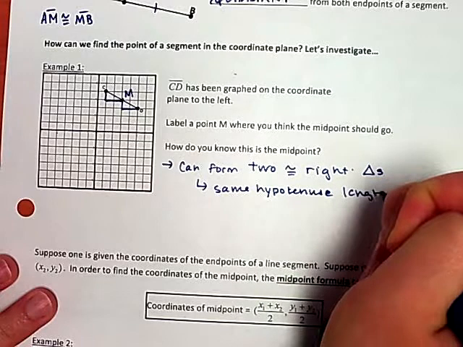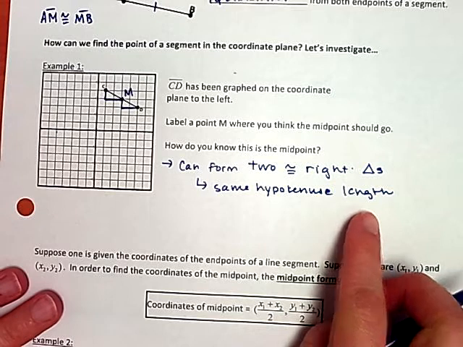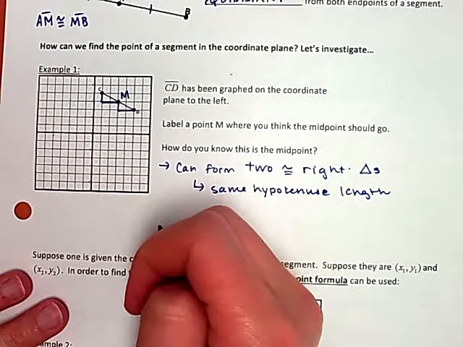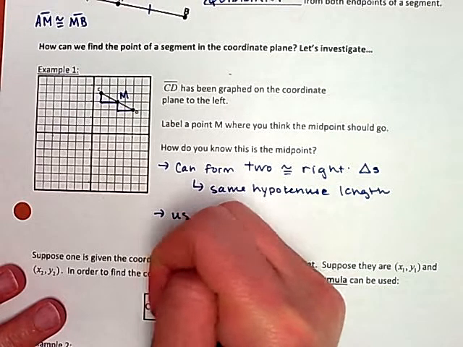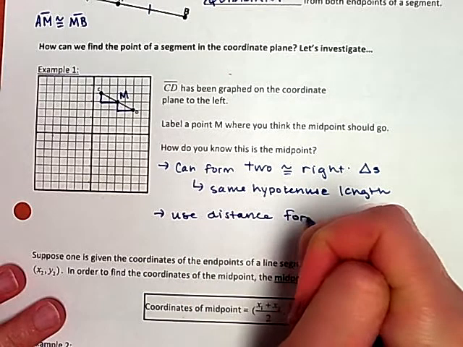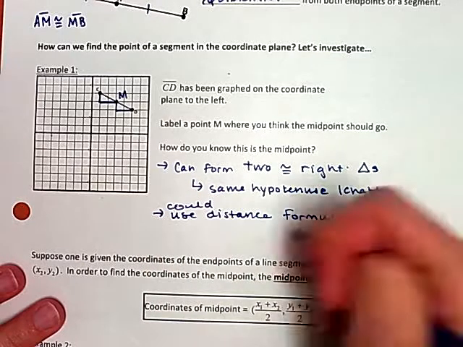Now remember that to find the hypotenuse length you would do the Pythagorean theorem, but that's the same thing as doing the distance formula, right? So you could also check by using the distance formula. We're not going to do that right now. We'll say you could use the distance formula to check.